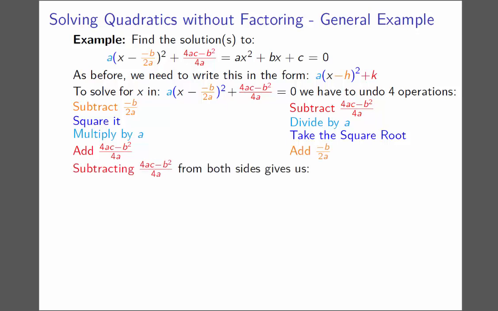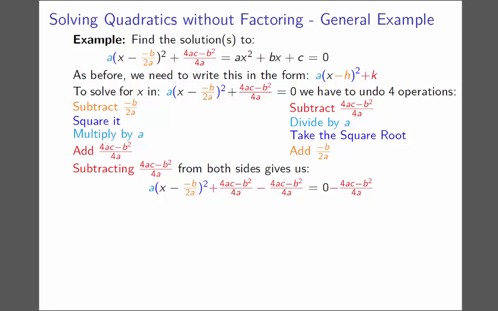So let's start by subtracting 4ac minus b squared over 4a from both sides. This will give us a times x minus negative b over 2a squared plus 4ac minus b squared over 4a minus 4ac minus b squared over 4a equals 0 minus 4ac minus b squared over 4a.